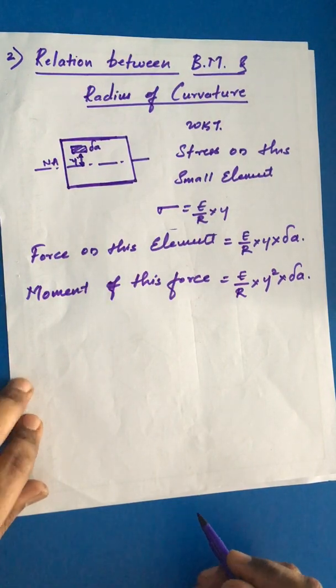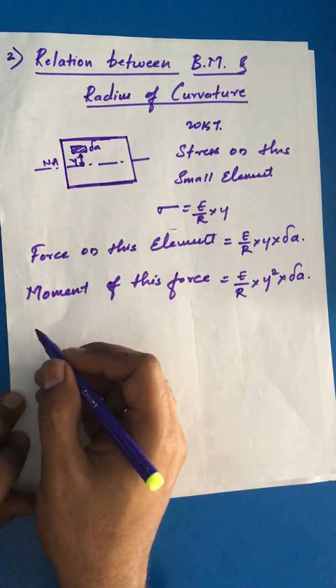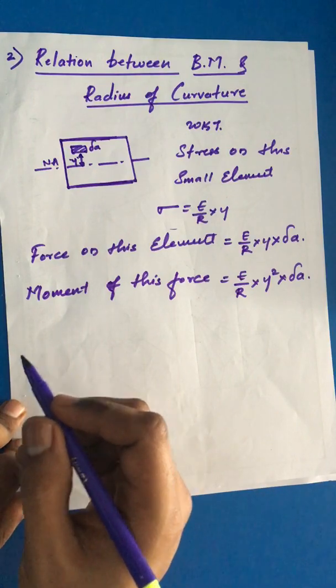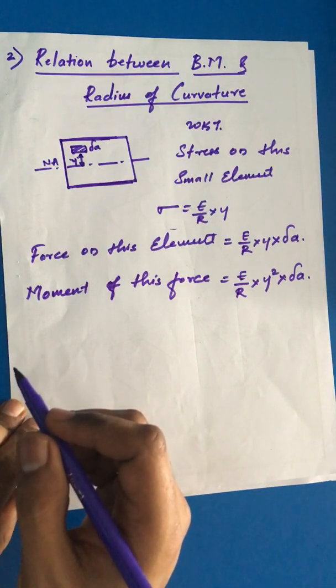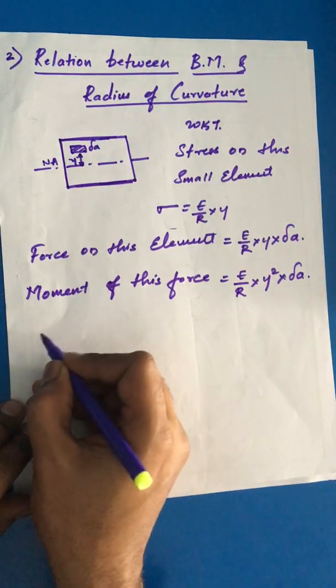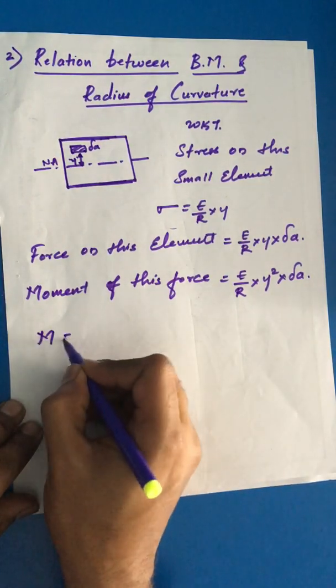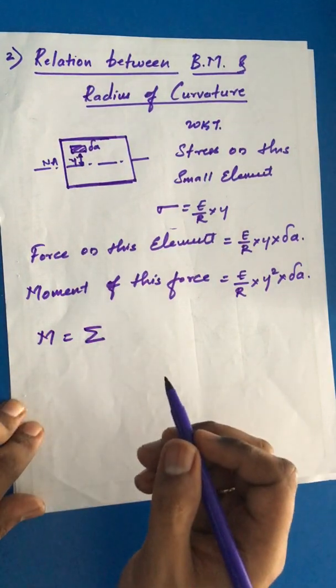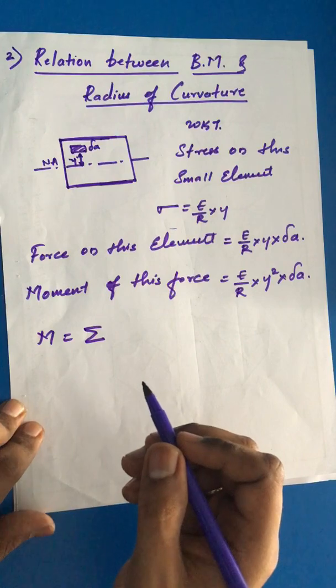Now, the algebraic sum of all the moments about the neutral axis, I am repeating once again, listen carefully. The algebraic sum of all the moments about the neutral axis, let it be M, will be equal to the summation of individual moments of all small areas.